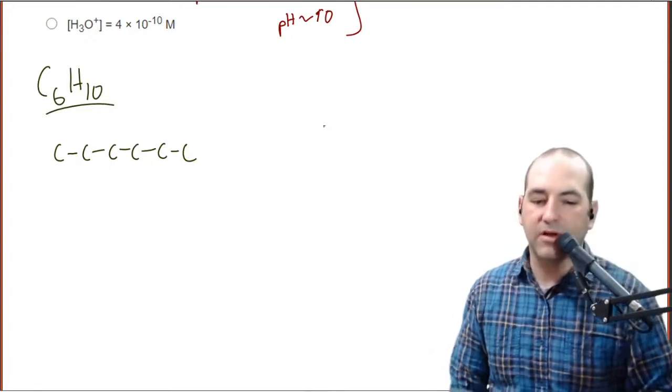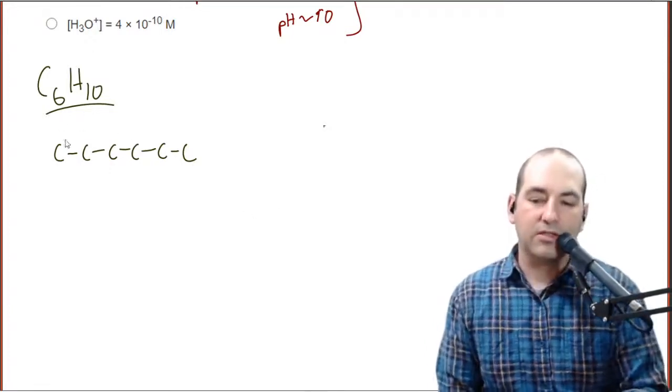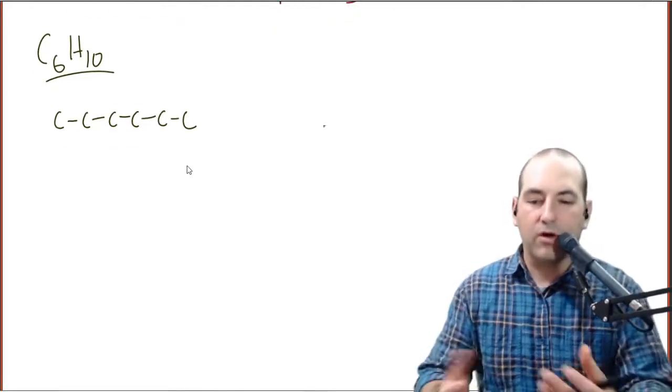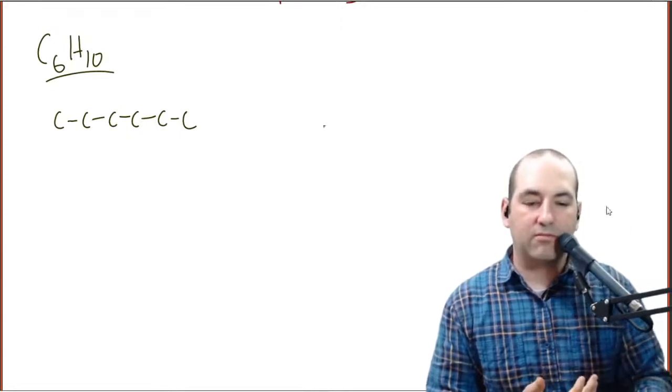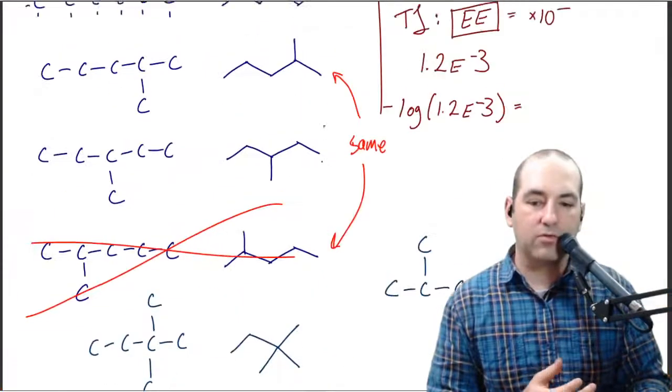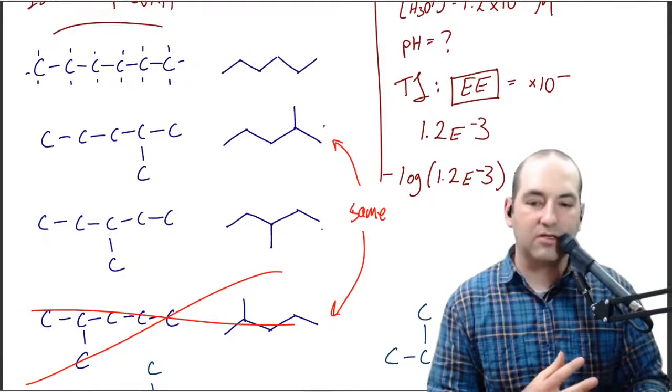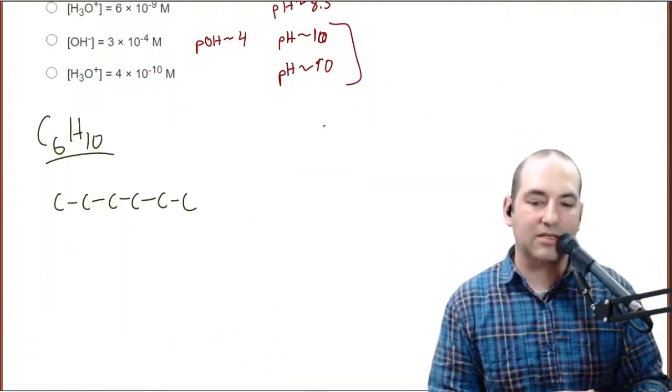Number 37 on Mastering Chem is that example. So if we're only dealing with the carbons and thinking, what are some different ways that we can make 6 carbons? You'll notice that, as we just did, all of those were examples of C6H14, not C6H10.